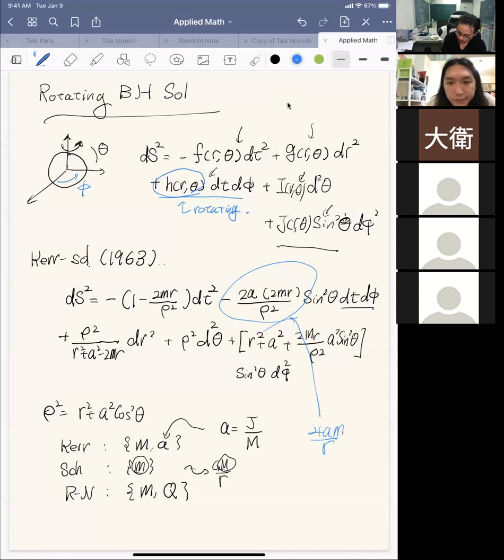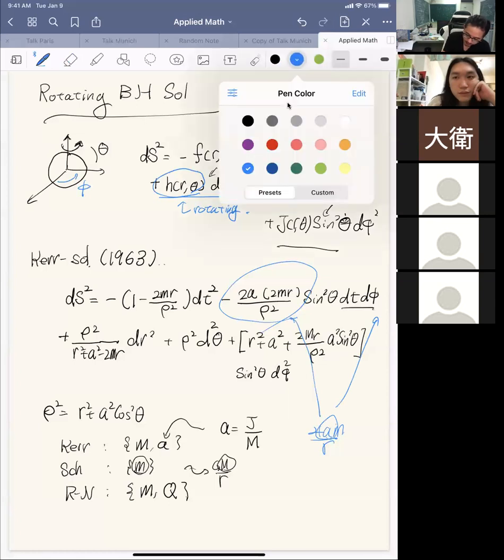Okay. So this cross term is telling you that this a is related to the angular momentum of this object. Okay, good.